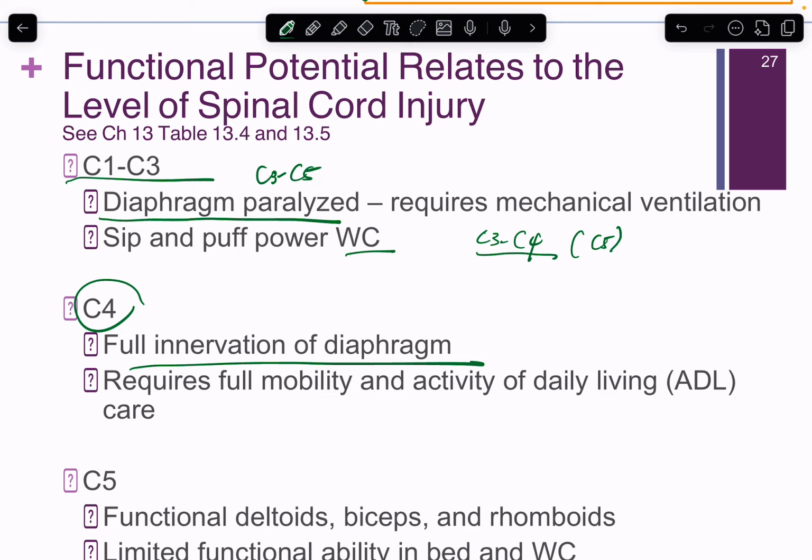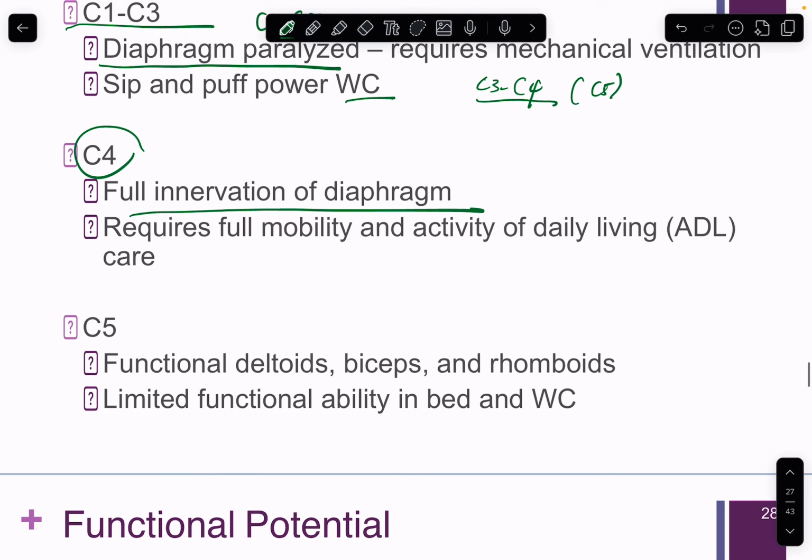Therefore, it will require full mobility and activities of daily living care, because remember our brachial plexus starts from C5, C6 all the way to T1, and it's where the arm, upper extremity and hand functions come from.